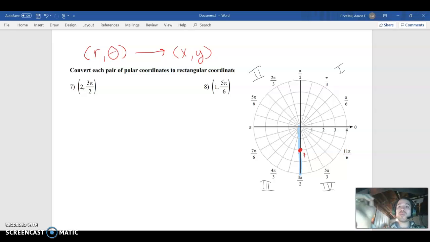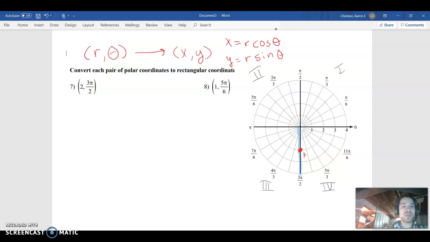The formulas we use are something you're going to recognize: x equals r cosine of theta, and y equals r sine theta. The way I remember this is, when we're working with the unit circle, cosine is given with the x value and sine is given with the y value. You'll be able to use a formula sheet for this anyway, so it's not really a huge stress.